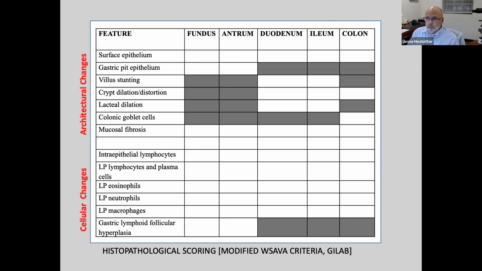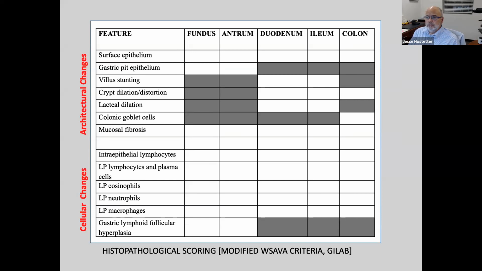At the beginning, when I first started this, I taped this to my desk, and it did help me to go parameter by parameter to remind me to look at all of these different areas, both cellular and architectural. And in the GI lab, we score them, 0 being normal on a rising scale, 1, 2, 3 being the most severe.